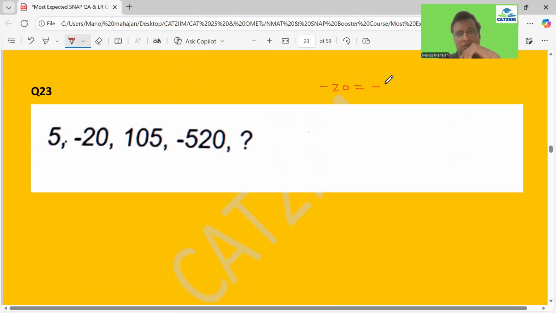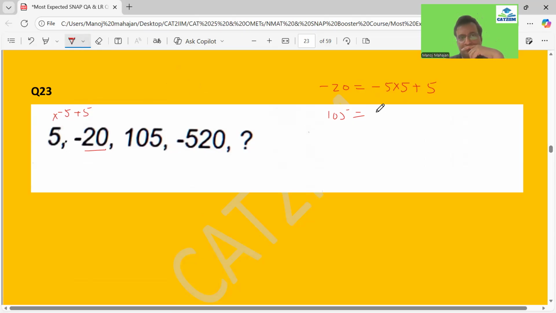So this is minus 5 into 5 plus 5 if I do, right? So it's very tough to figure out multiplying this number with minus 5 then adding plus 5. So when you go to the next number, it's actually multiplying this with minus 5 and adding 5, right?